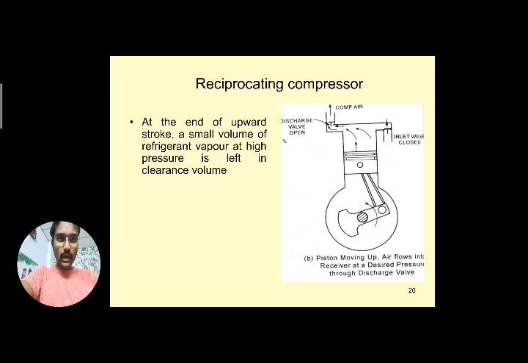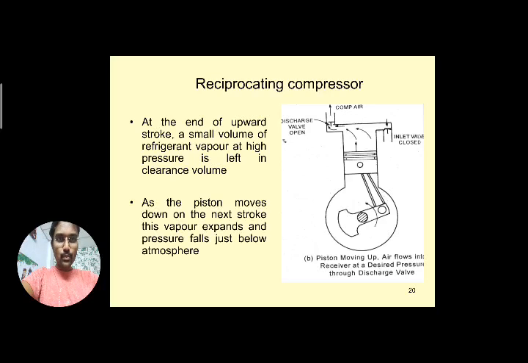Now at the end of the upward stroke, a small volume of refrigerant vapor remains, which we have said can be taken as the clearance volume. In the clearance volume, a small amount of vapor refrigerant at high pressure is present. Now as the piston moves downwards on the next stroke, this vapor gets expanded again.